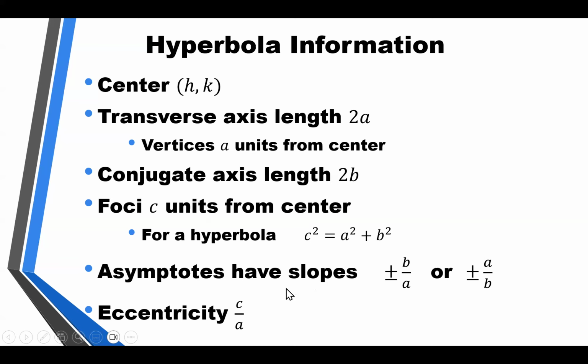Now the last thing is that the hyperbola is going to have two asymptotes. Depending on whether the a is underneath the x part and the b is underneath the y part, or vice versa, the two asymptotes for a hyperbola are going to have slopes either positive and negative b over a, or they're going to have slopes which are positive, negative a over b.